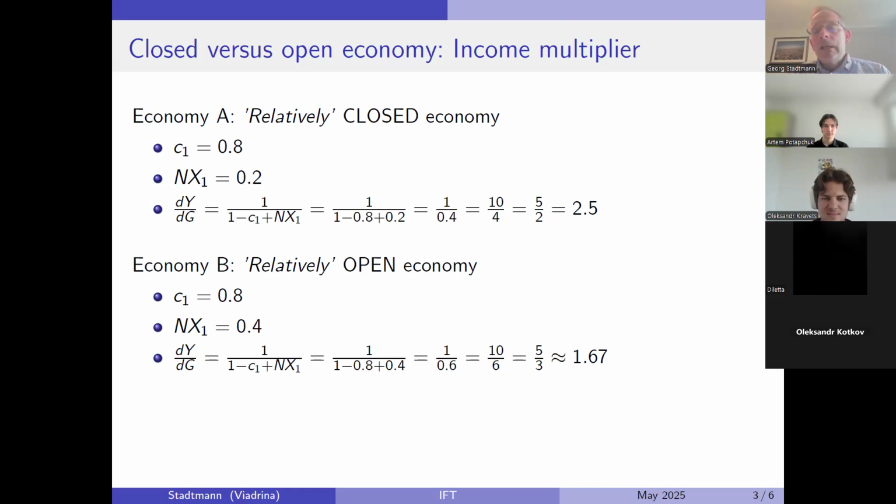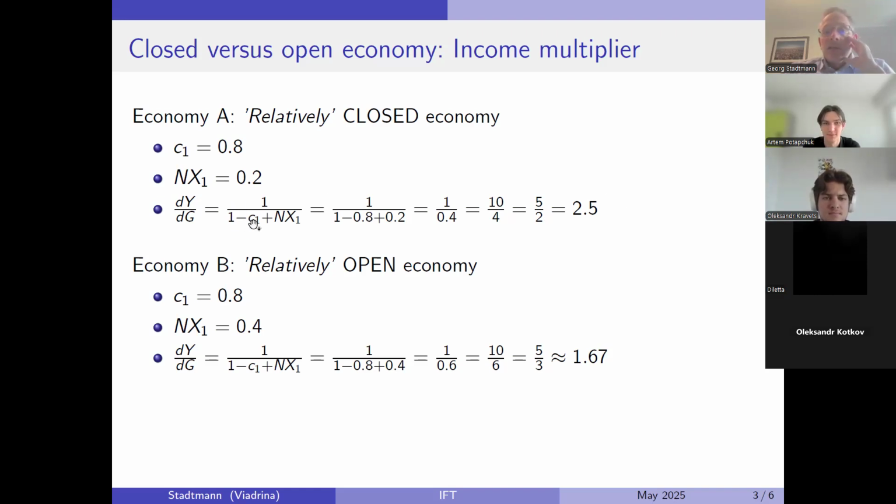In situation A, when the construction worker is spending 80 euros on beer, he will spend 60 euros in Germany and only 20 in Poland. And then, of course, the multiplier will be larger in Germany in situation A compared to scenario B, because the construction worker is consuming more of the domestic good. So it really depends on how large the multiplier is.